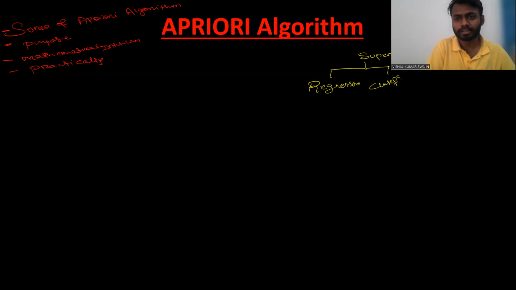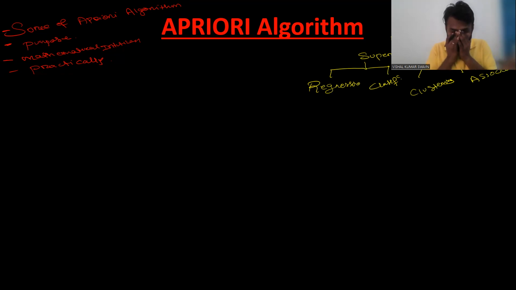But unsupervised is divided into 2 things. One is clustering. And the next one is association. Till now clear? Okay.